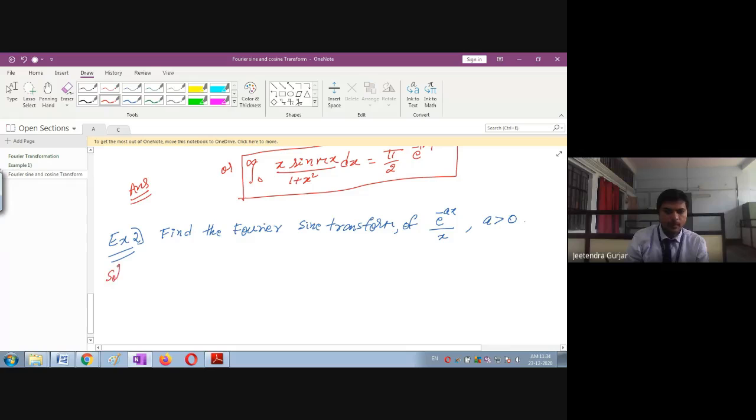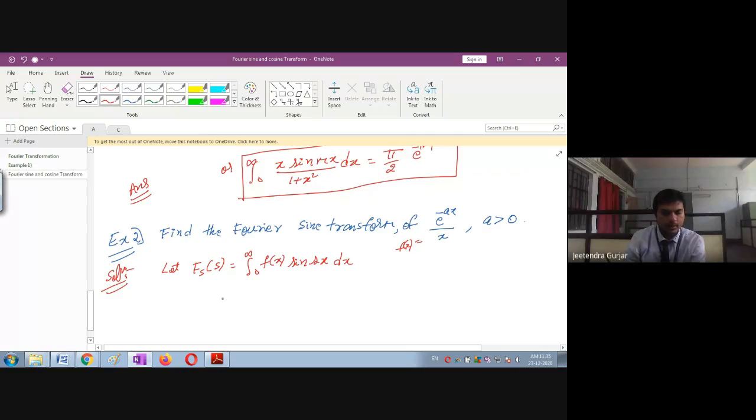Solution. So always, students, please write down the formula. Okay. So now, after writing the formula, let Fs of s be equal to integration 0 to infinity f of x sine sx dx. So I'm going to substitute the function. This is our f of x, and please remember f of x is given here, so it is e raised to minus ax upon x.